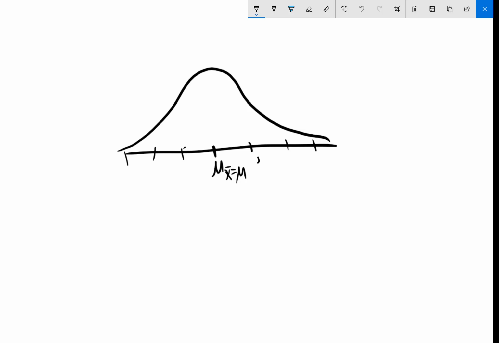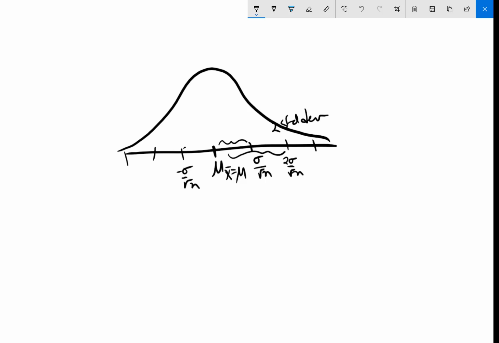And one standard deviation is sigma divided by the square root of n. Remember how that goes there. And then this value right here is going to be 2 sigma divided by the square root of n if I'm at 2 standard deviations, and so forth. Just like when we were talking about the confidence intervals.